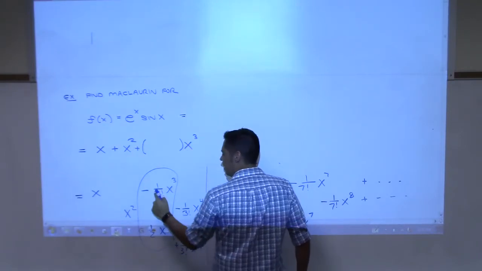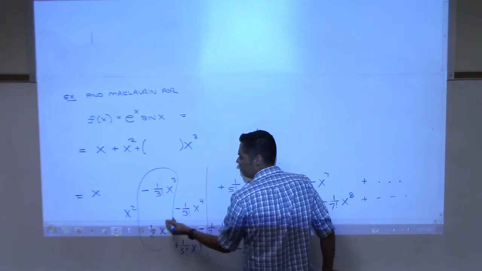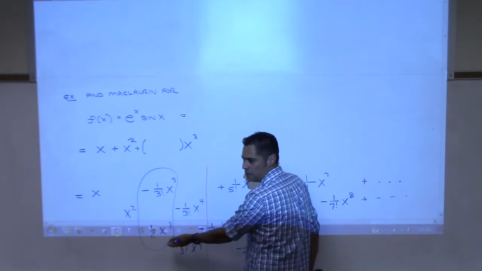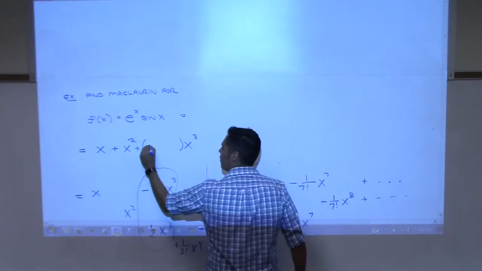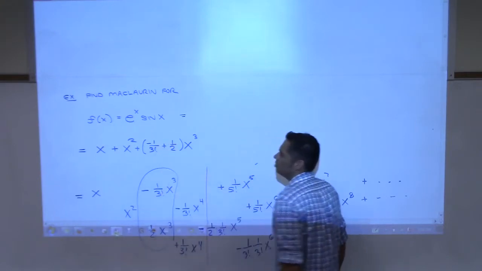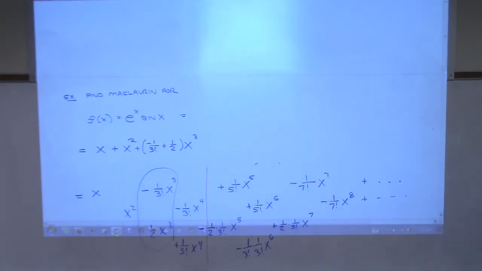If you had 5x cubed plus 8x cubed, you would add the 5 and 8 together. So we're just going to add these two together. So how about I put negative 1 over 3 factorial plus a half. That's just some new coefficient, isn't it? Yes.